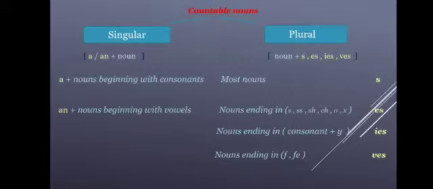For plural form, we add s, es, ies, or ves. Most nouns take s. Nouns ending in s, double s, sh, ch, o, or x, we add es. Like dress, we say dresses, we add es.